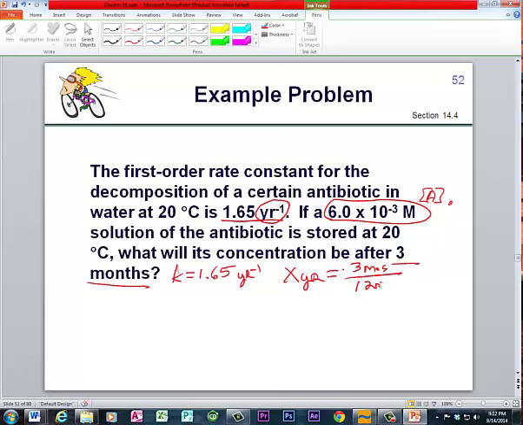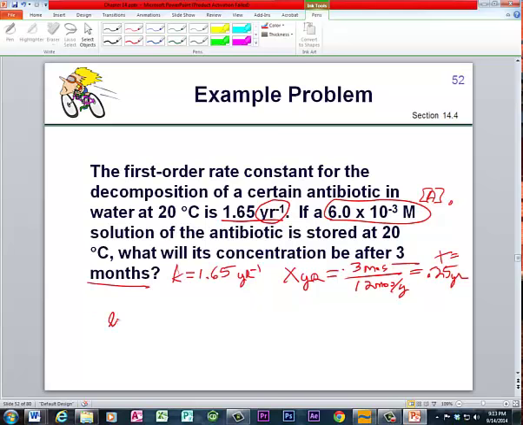There's 12 months per year, which is simply equal to 0.25 years. So that's time. Time is equal to 0.25 years. So now that you know that time is equal to 0.25 years, that's how much time is going to go by. We want to know how much of the antibiotic is left. And that's an important question to ask because antibiotics are perishable substances.